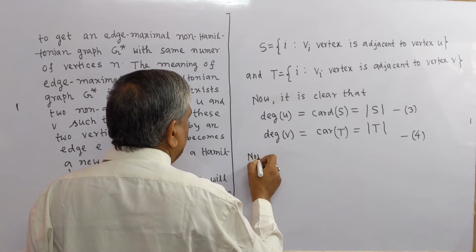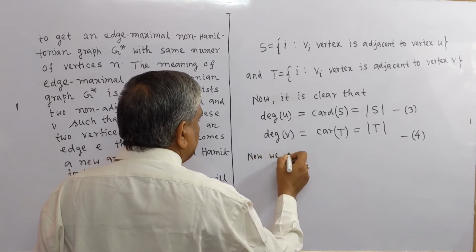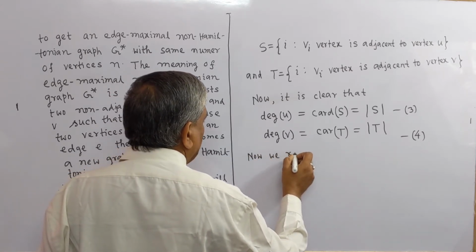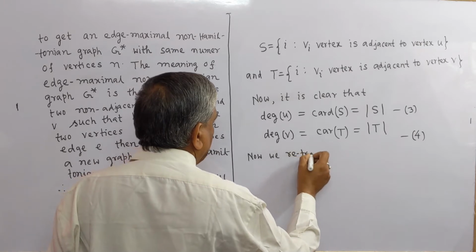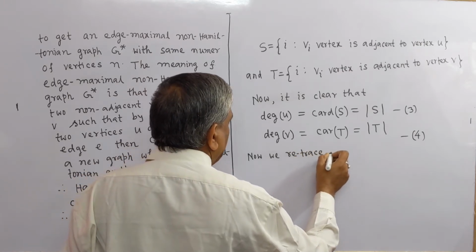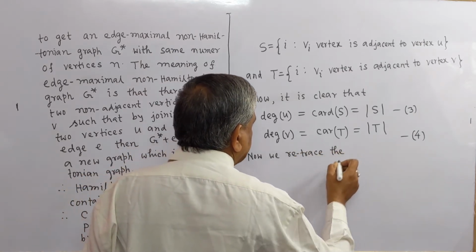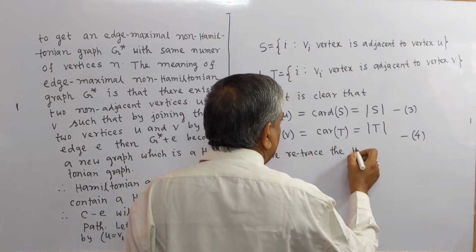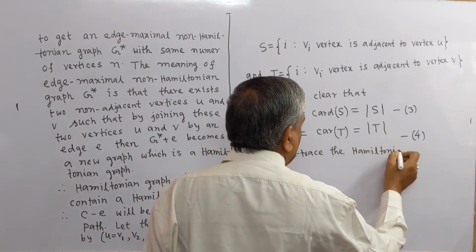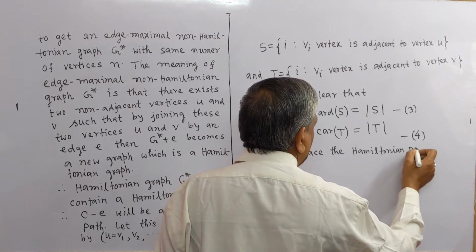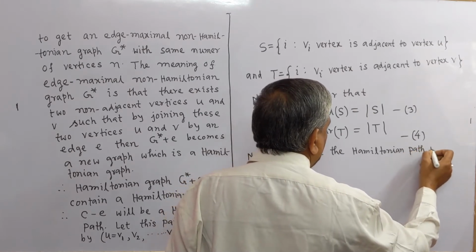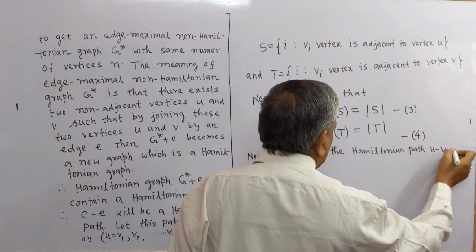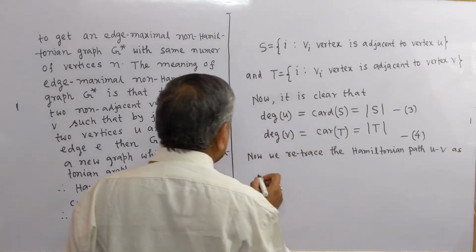Now we retrace the Hamiltonian path U to V as follows.